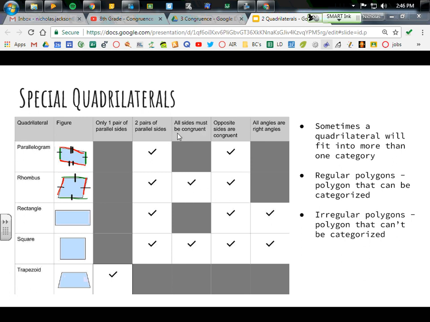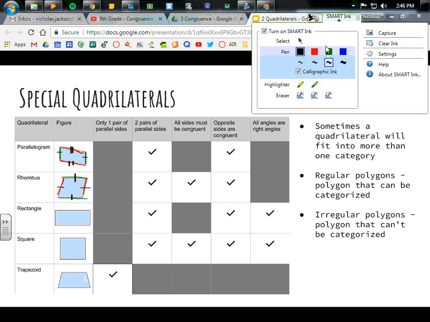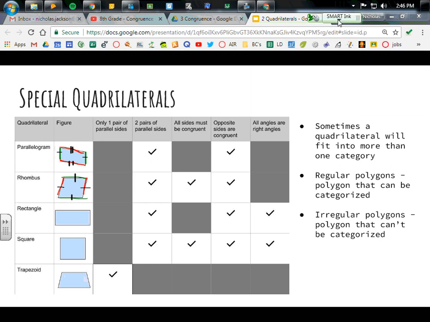All four sides have to be congruent, which a rhombus meets. That's what sets a rhombus apart from a parallelogram, is that all four sides have to be the same.